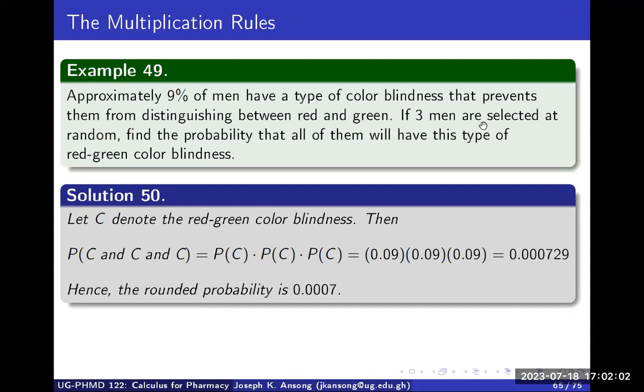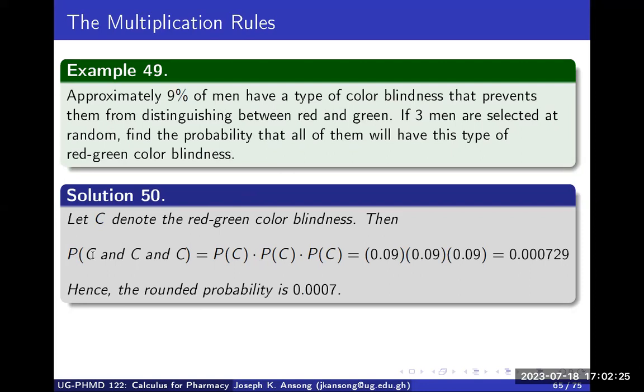Now, if 3 men are selected at random, find the probability that all of them will have this type of red-green color blindness. Okay, the probability is 9%, right? 9% of men have that color blindness. So what is the probability that the first guy will have it, the second will have it, and the third will have it?